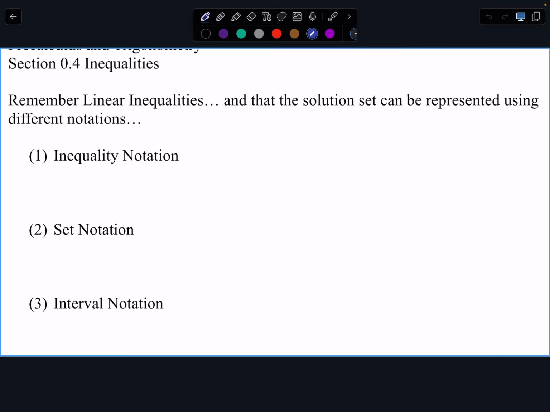Okay? So inequality notation is whenever you have a statement where you have two expressions that are connected with less than or greater than or less than or equal to or greater than or equal to. So an example could be like x is less than or equal to 2, or x is greater than -3 and less than 5, right?